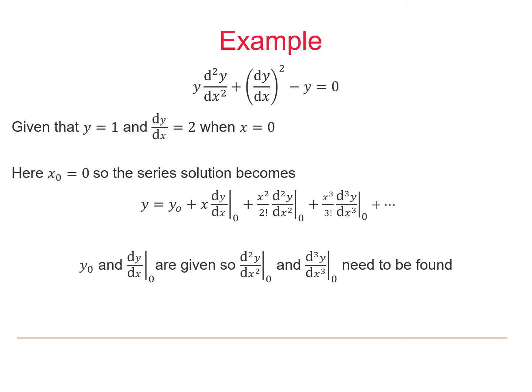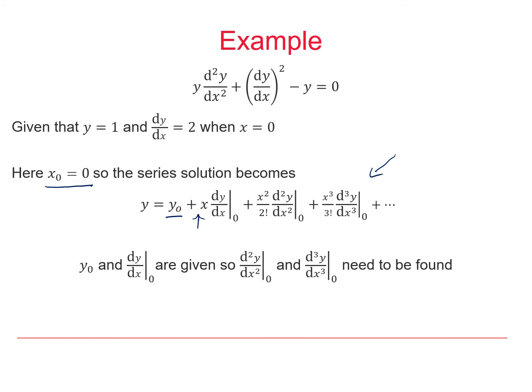Now we're told that x naught is 0. That reduces our Taylor-like series into more of a Maclaurin series. We've got our initial condition and we don't have to subtract anything from x because x naught is 0.